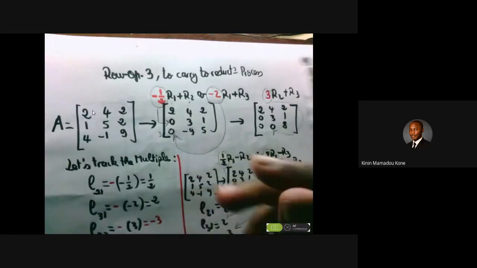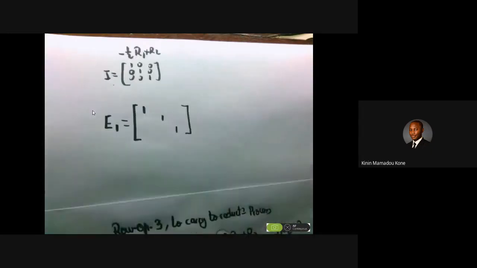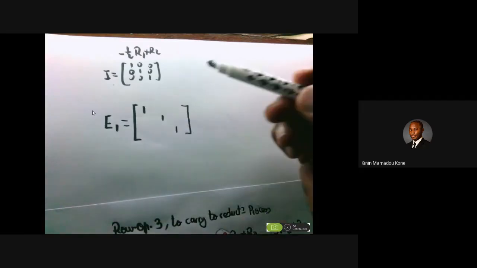So I was saying that you take your identity matrix and you want to transform it into an elementary matrix. I want to replicate these elementary row operations and write their matrix version. In order to write them in terms of a matrix version, I have to start with the identity matrix, and from the identity matrix, I reapply these operations to obtain the matrix E1, the elementary matrix associated with this row operation.